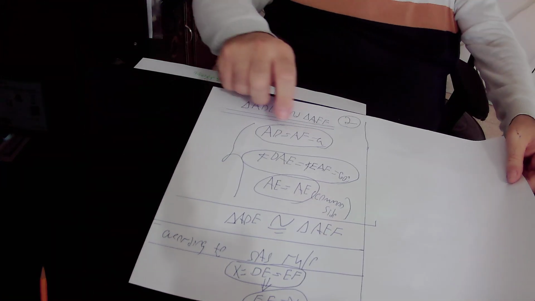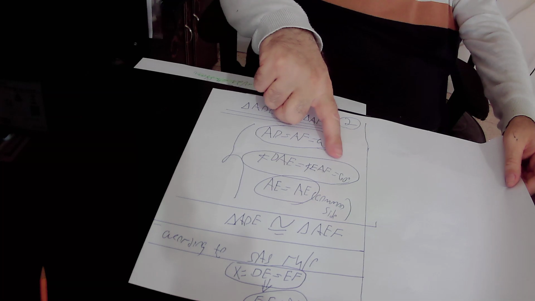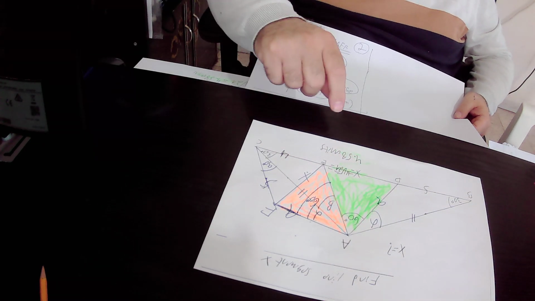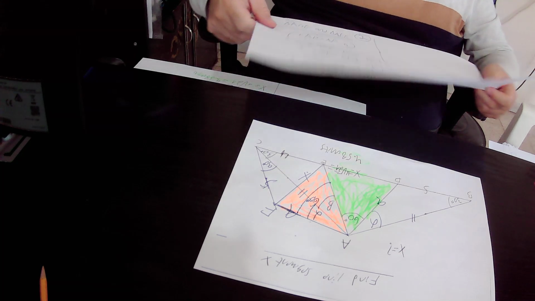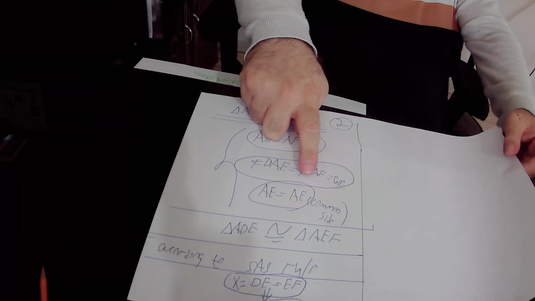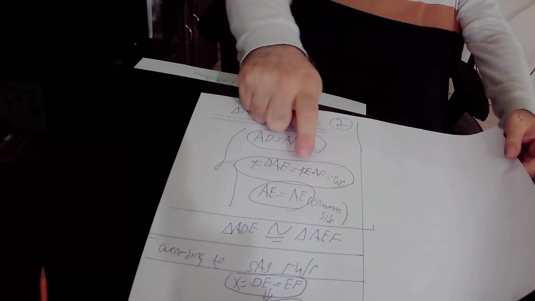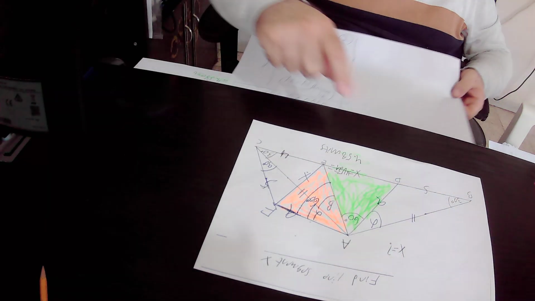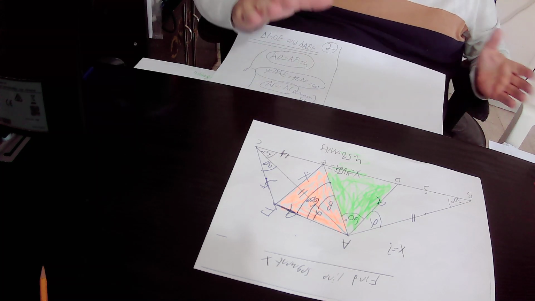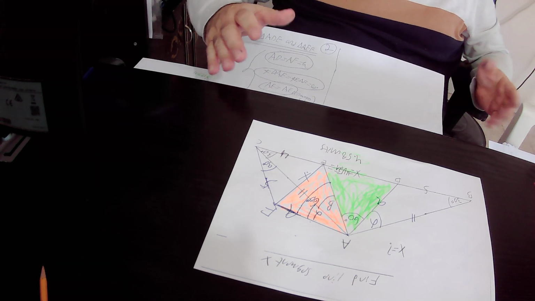Here, angle DAE equals angle EAF equals 60 degrees. And finally, we have side AE, a common side that belongs to both triangles, so A equals itself. So we proved that the green triangle is congruent to the orange triangle according to the side-angle-side rule.